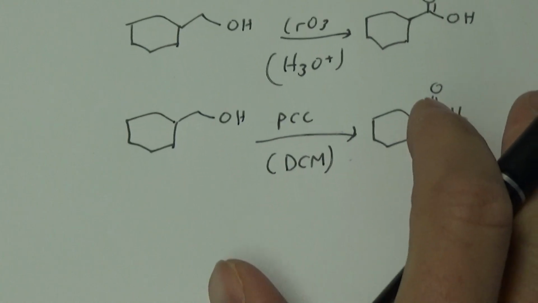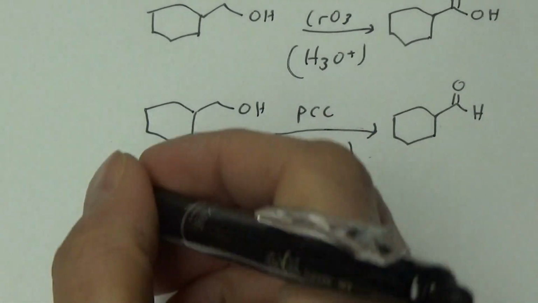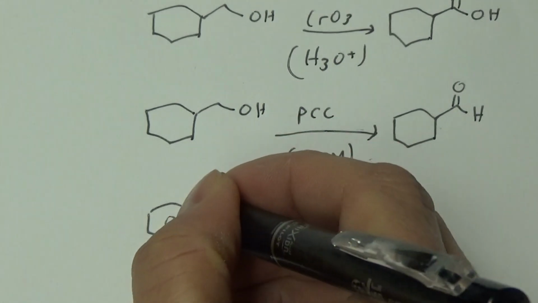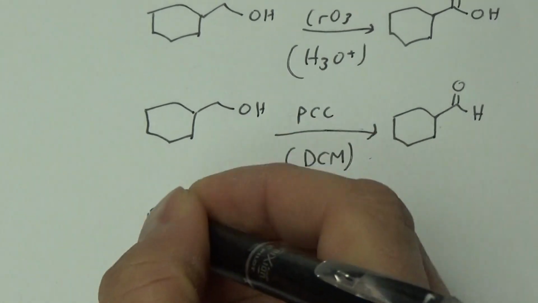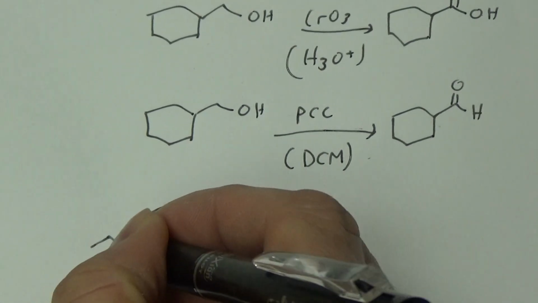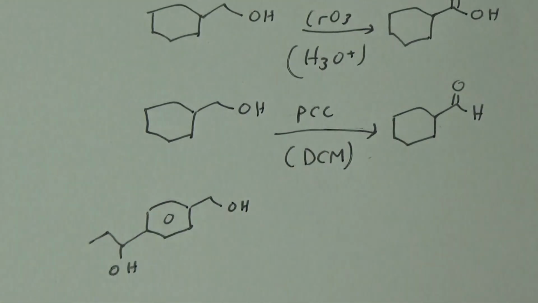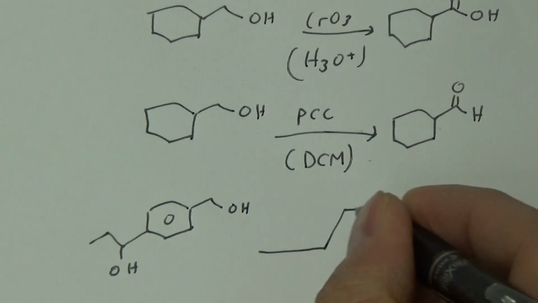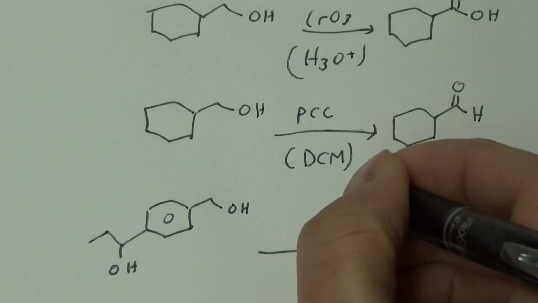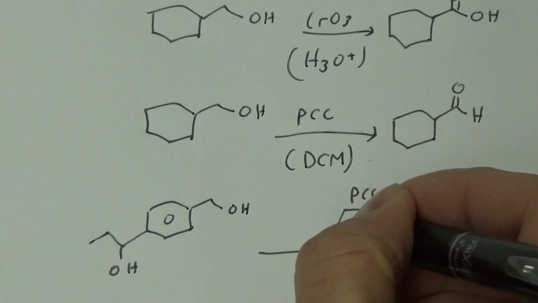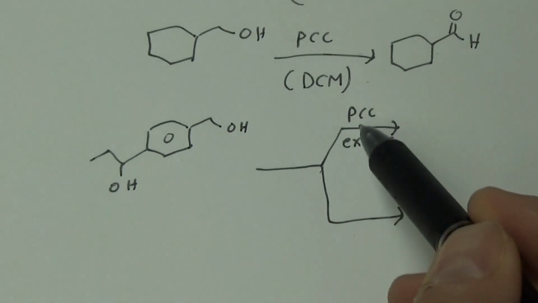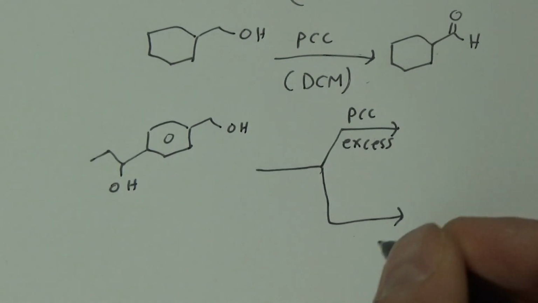All right. So what about this molecule that has a primary alcohol and a secondary alcohol? Let's just consider the product of this reaction. In the case of PCC in excess, we're implying dichloromethane, DCM, but we're just not drawing it.